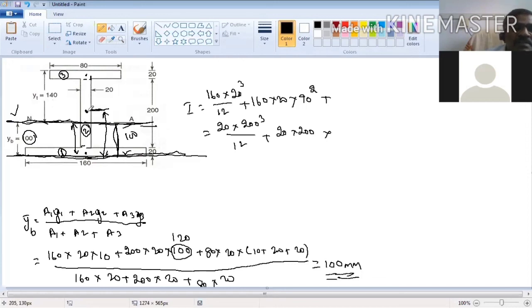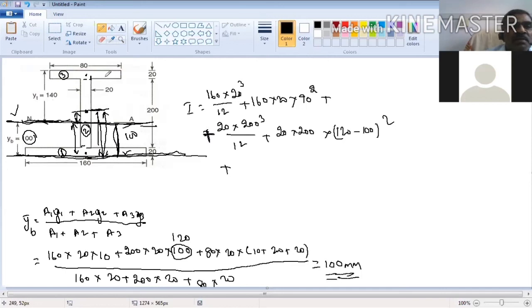This is the center of gravity of body 2. This is the neutral axis. We want to find about the neutral axis. What is the distance? The total distance, we know this is 100, this is 20, 120. So the total distance is 120. This is 100. So 120 minus 100, the whole square.